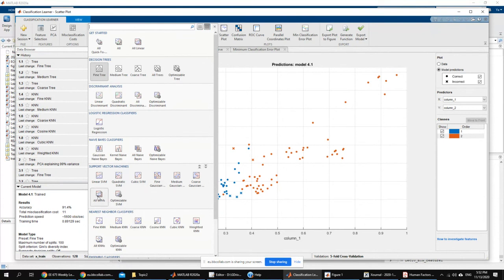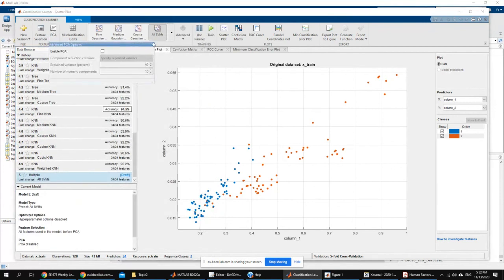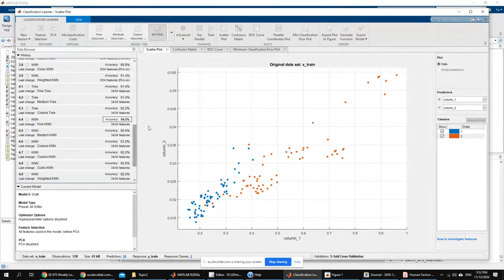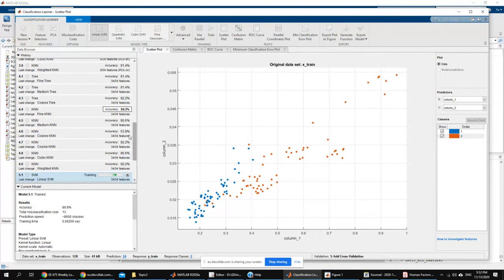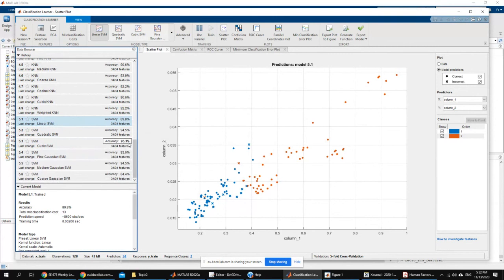So maybe I'll just use all SVM and without the PCA. Now it doesn't have PCA. Let's see how good we can get results from the support vector machines. 95.3%. Okay.